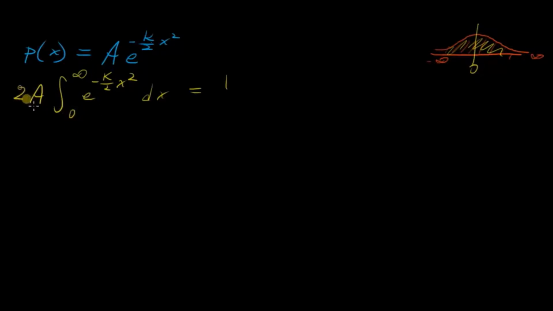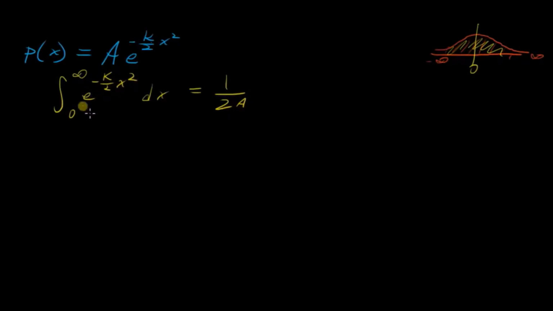Which means we need to multiply the whole thing by 2. And then I'm going to divide 2a off. And now we just need to do this integral. So we need to not forget where we came from, what we're doing here. We're trying to figure out what a is.